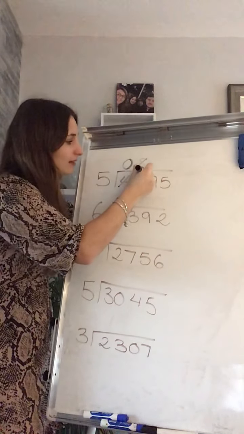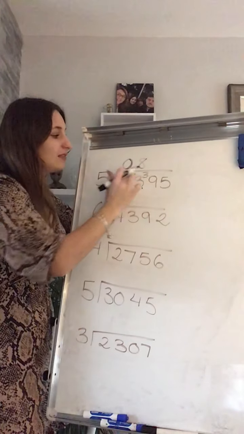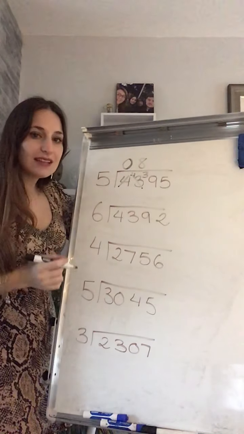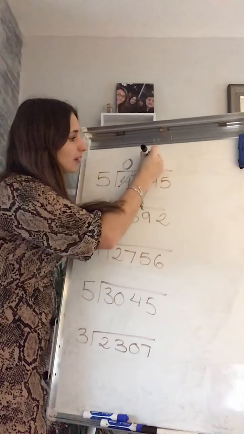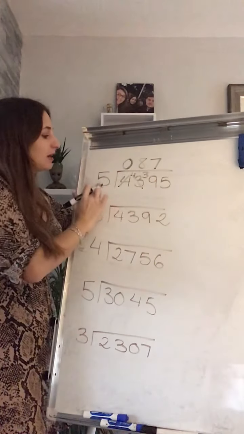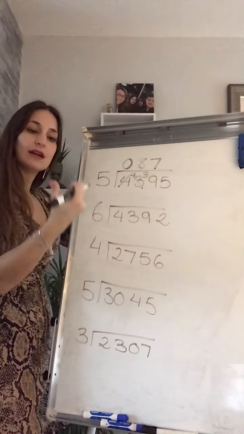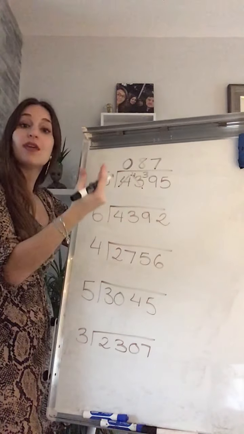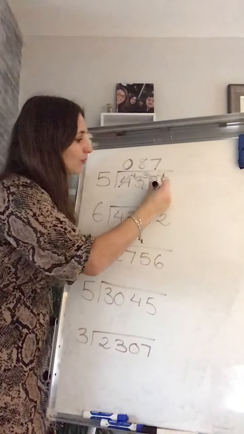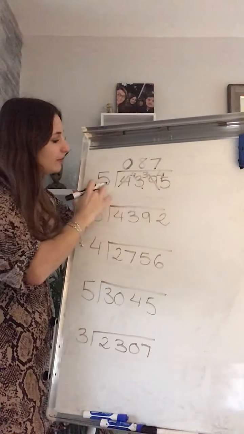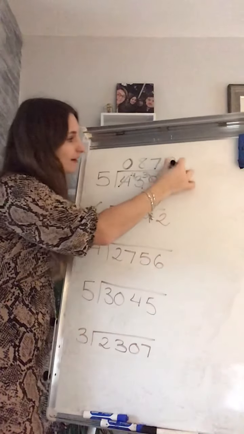And I carry 3. Now I have a 39. 39 divided by 5. My closest one is 7 times 5 is 35, 36, 37, 38, 39. And I carry 4. 45 divided by 5 is 9.